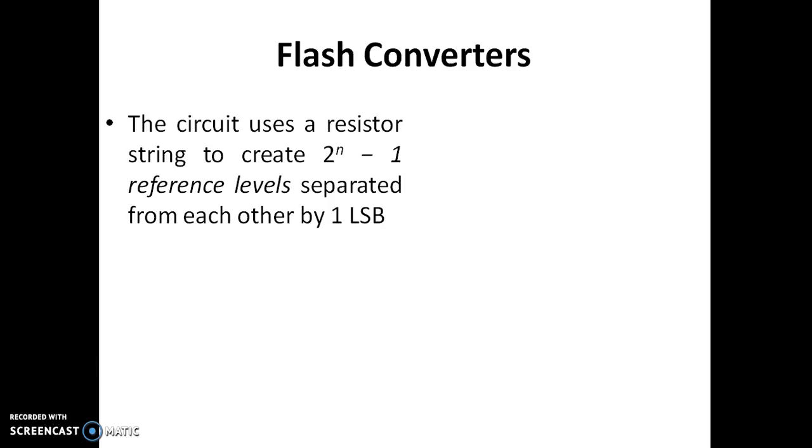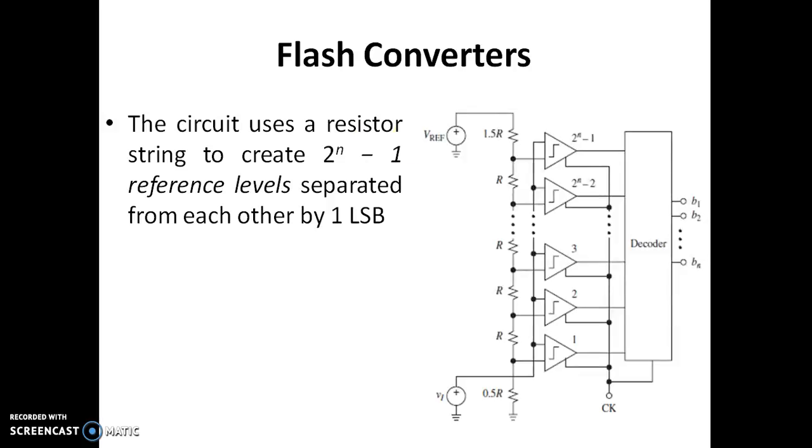The major requirement of these flash converters is that we use a resistor string to have 2 power n minus 1 reference levels. Assume that n is equal to 3; we will have 7 reference levels. Starting from 0, there will be 7 reference levels, and each reference level will be separated by 1 LSB.